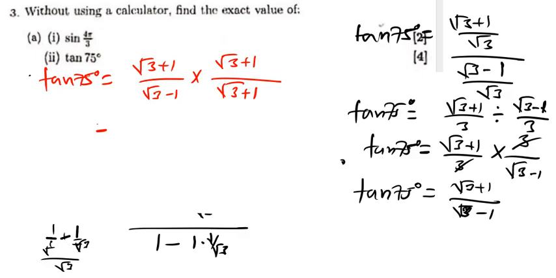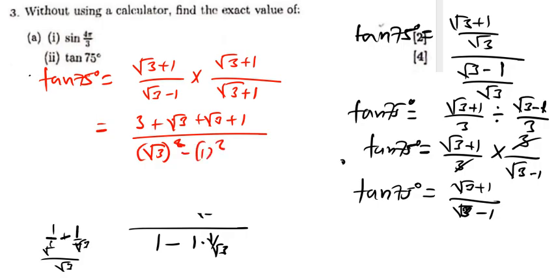So remember, I have been teaching you that whenever you are multiplying anything by its conjugate, you are simply just squaring the first part and subtracting the square of the second. So root 3 times root 3 is 3, root 3 times 1 is root 3, then 1 times root 3 is also root 3, 1 times 1 is 1. That's the rule of the conjugate.